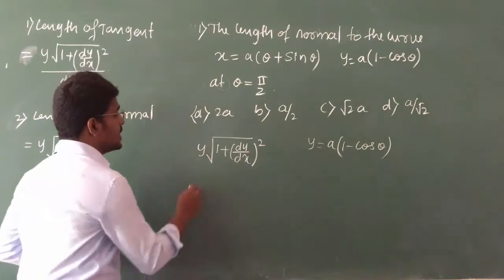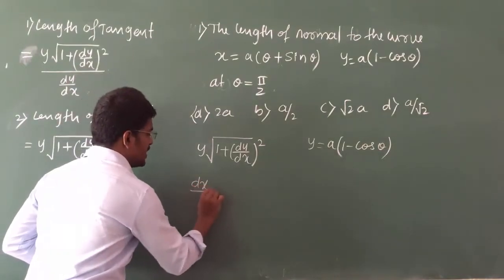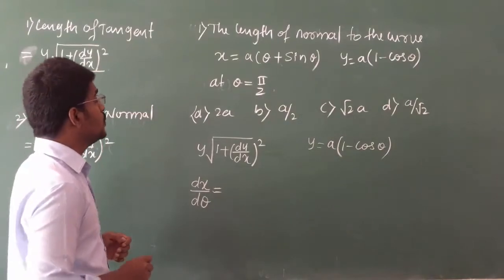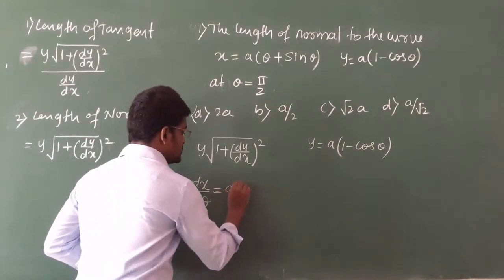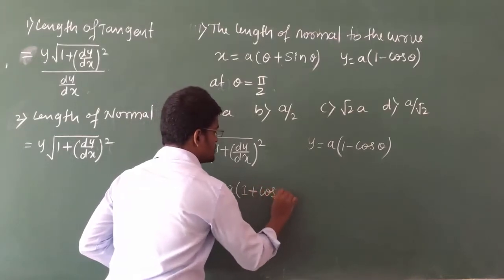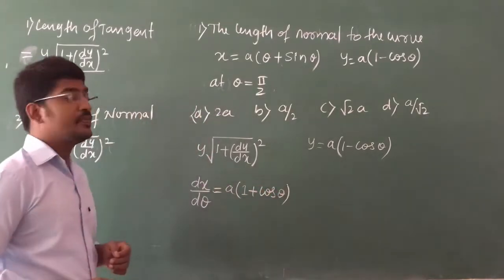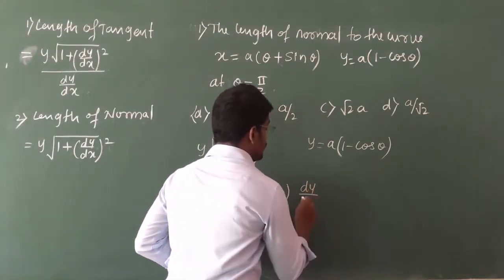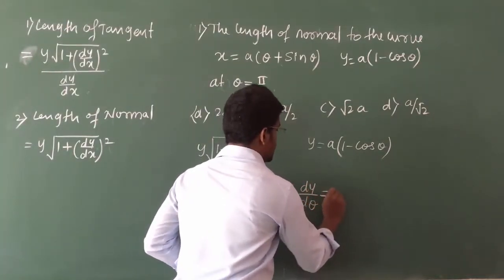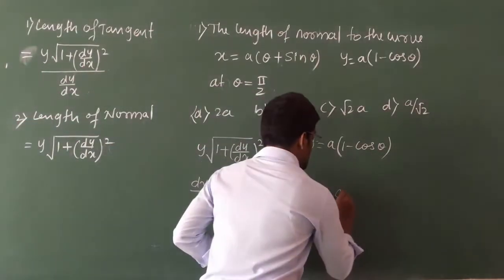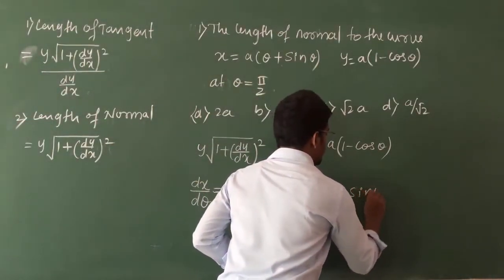So for that reason, first you calculate dx by d theta. That will be equal to a times of 1 plus cos theta. Clear? Next, you have to find dy by d theta. That is going to be equal to a sin theta.